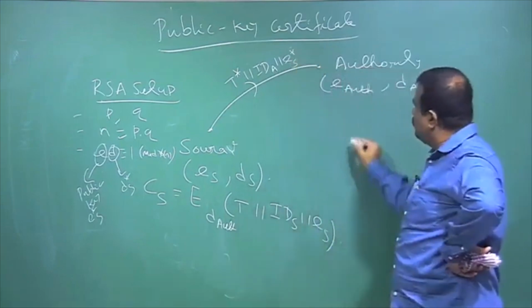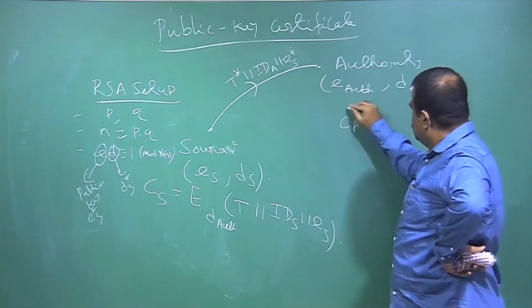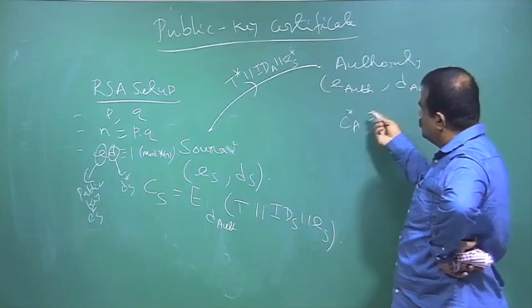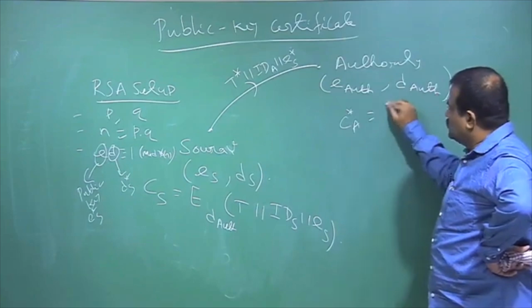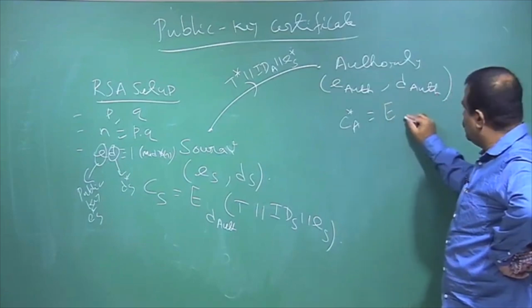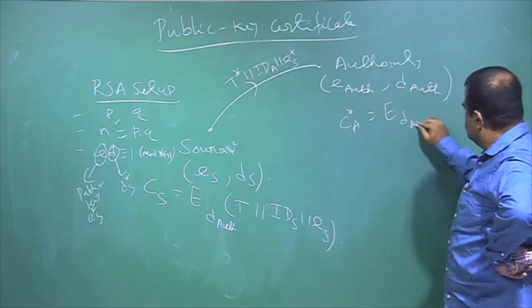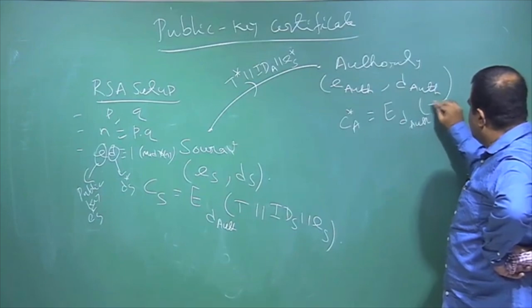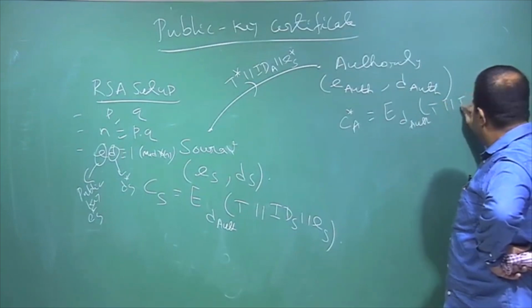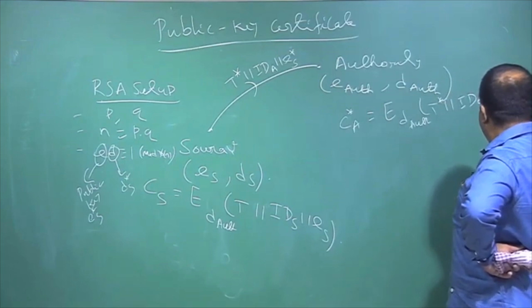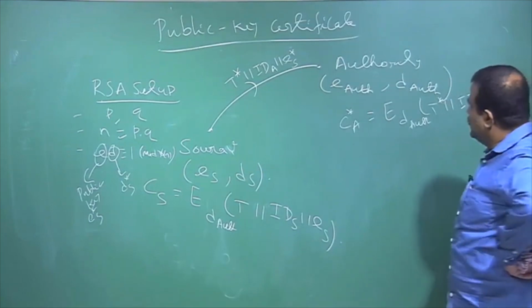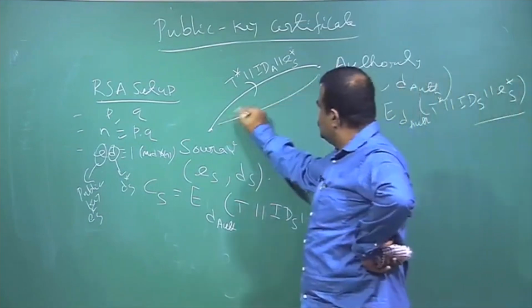So, what will the authority do? The authority will do the same thing; it will digitally sign on this. So, E of D of auth along with T star, ID of S along with E star, and the authority will send it to me.